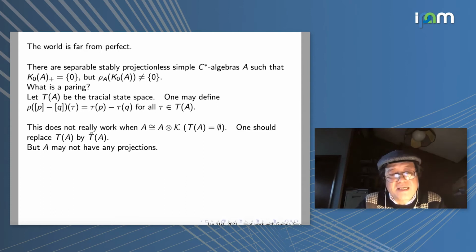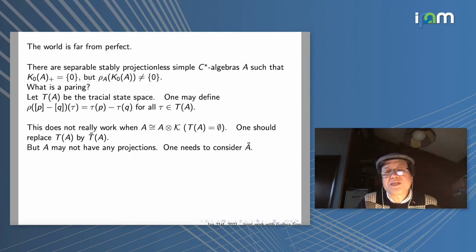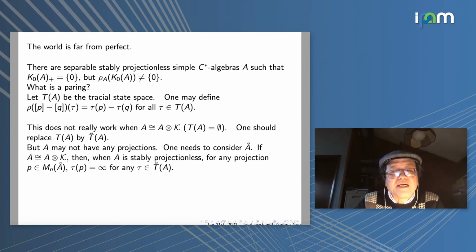But A may not have any projection, so you really need to consider A tilde instead. But if you have a stable projectionless C-star algebra, you have to consider projections outside A, so A tilde, then all the traces are zero or infinite. You look at the difference, well, it doesn't make sense. So you cannot really define it that way.